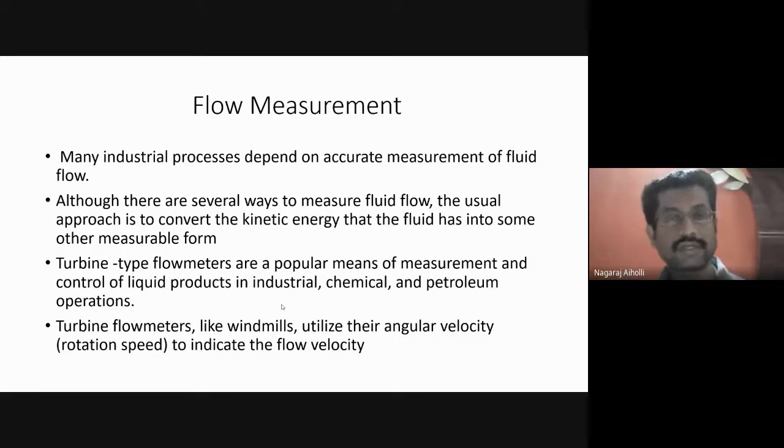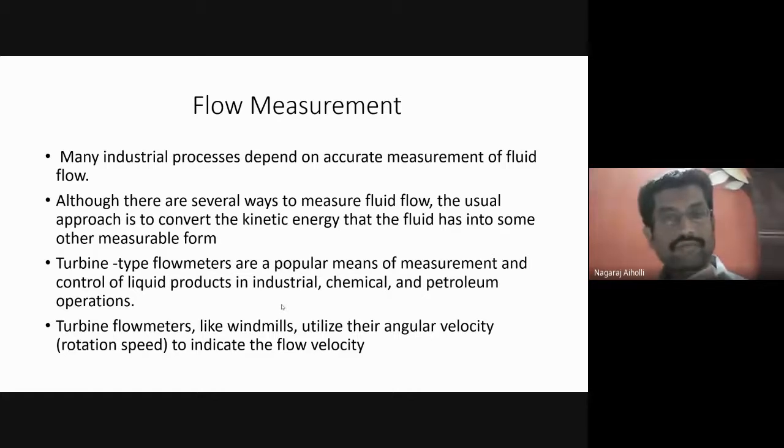This is coupled to the generator, the mechanism which is generating the voltage. That means the shaft of the turbine is coupled to the generator. When the turbine is rotating, the shaft also rotates.